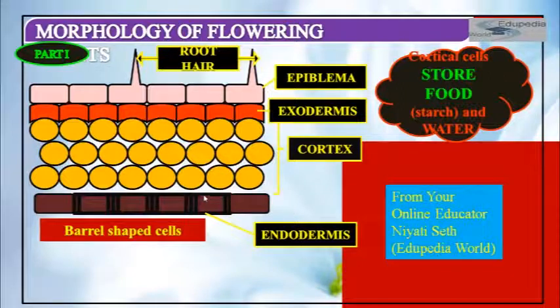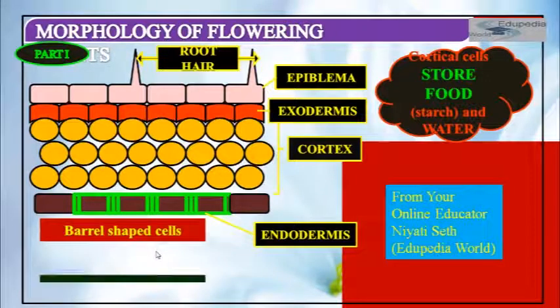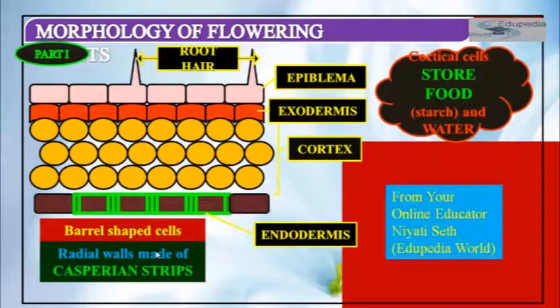So this is what it is. The one highlighted with the green color is your barrel-shaped cells. The radial wall is made of Casparian strips. It is just similar to the dicot root. There also it was barrel-shaped cells, and the radial walls are suberized, that is, deposition of suberin forms Casparian strips.